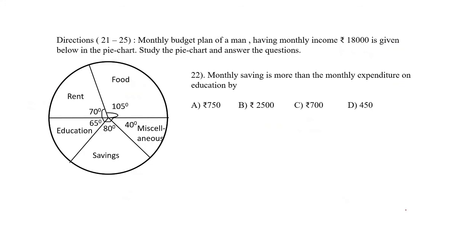Now see the 22nd question. Monthly savings is more than the monthly expenditure on education by. Here the savings value is what? 80 degrees, and the education value is what? 65 degrees. On 360 degrees only, and the amount is 18,000.